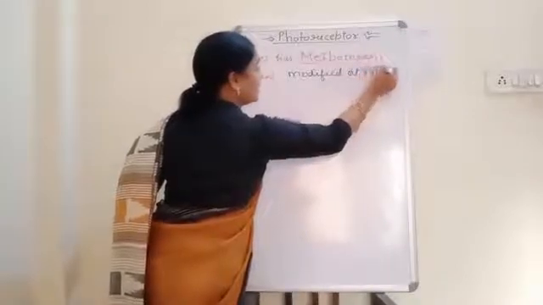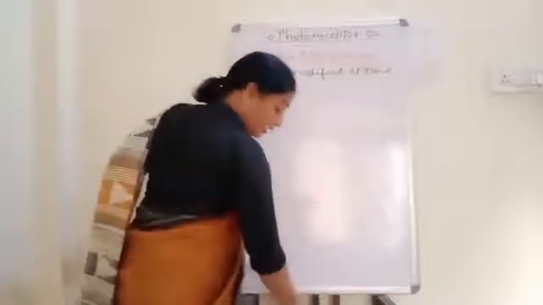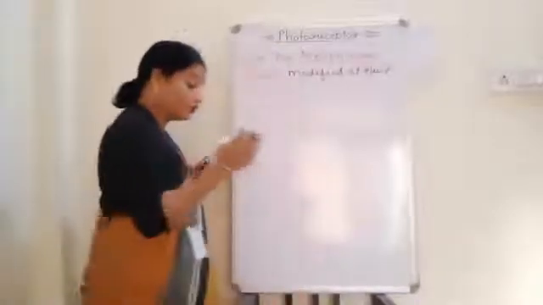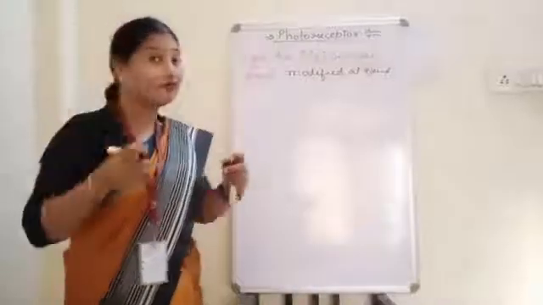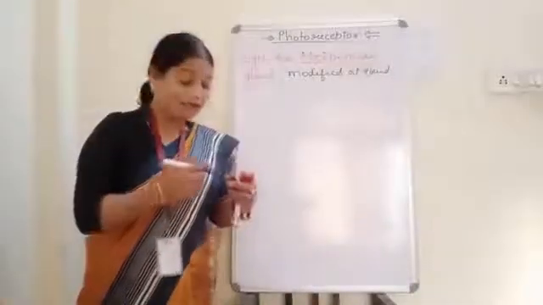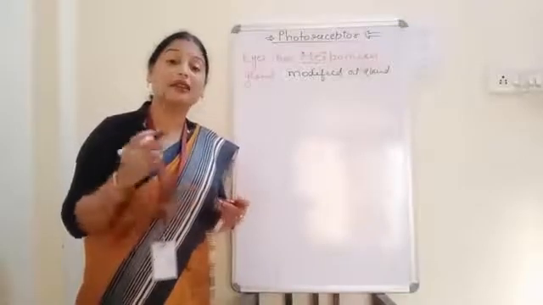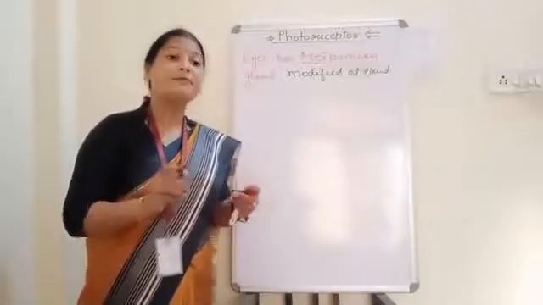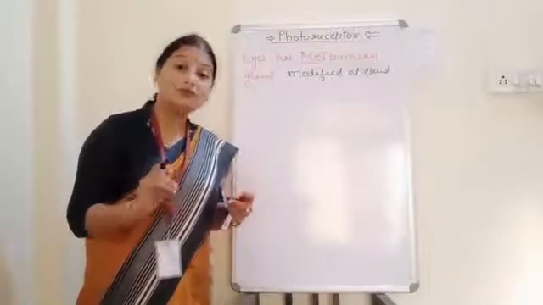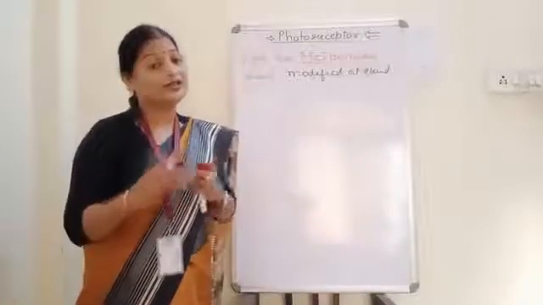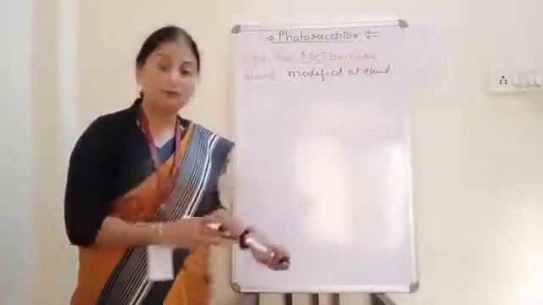It is a modified oil gland and opens in the hair follicles of the eyes, and from there it secretes oils, and this oil keeps your eyes lubricated so that the eyes can work properly.